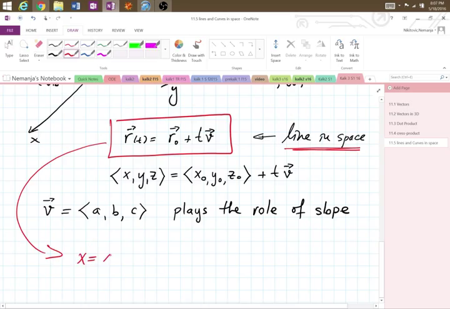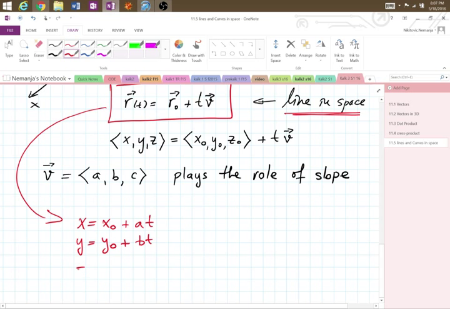X equals X0 plus At, Y equals Y0 plus Bt, and Z equals Z0 plus Ct.